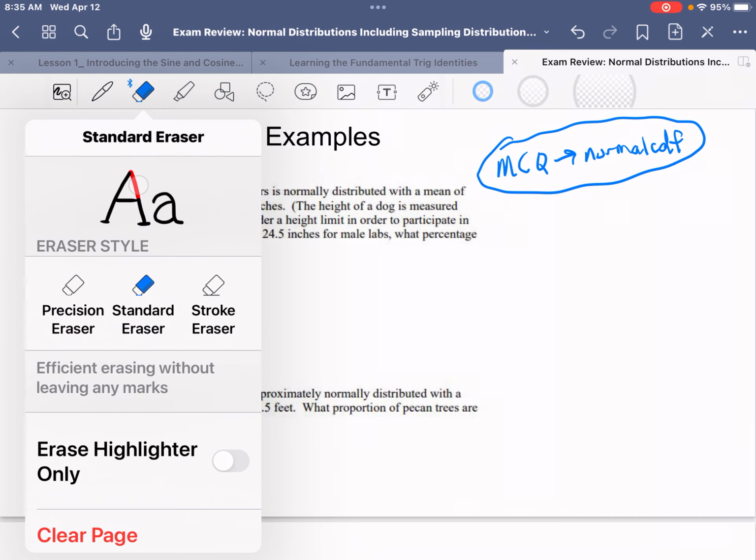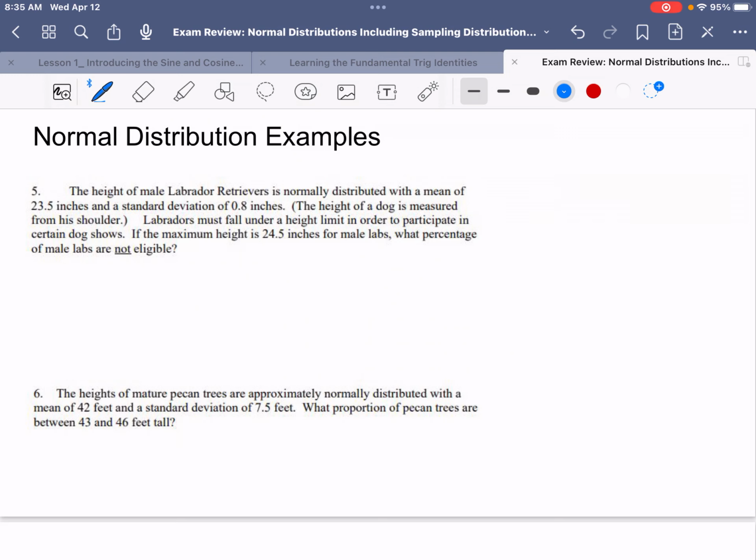But if this was a free response question, what we need to talk about here is what work should you show? Well, when you're doing a normal distribution problem like this one, it can be a good idea, now that you've completed the course, to define a variable.